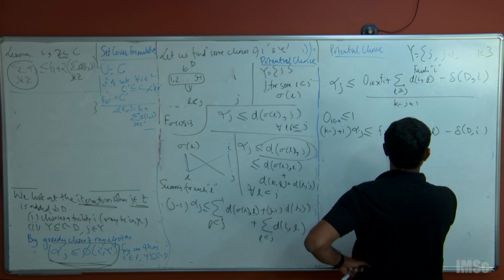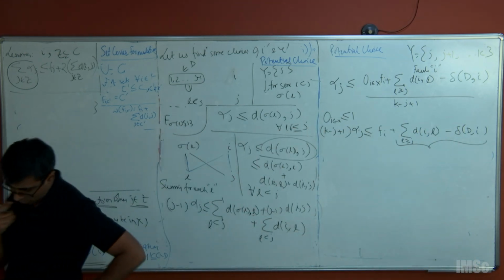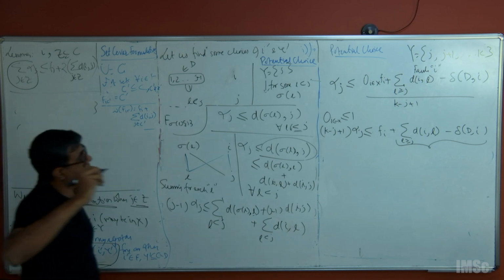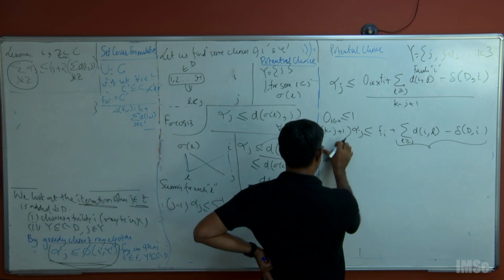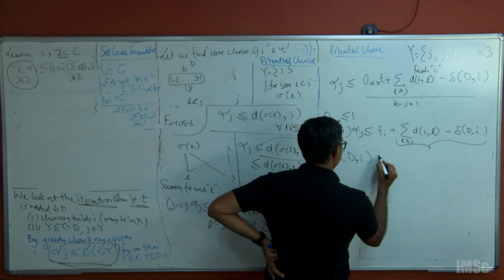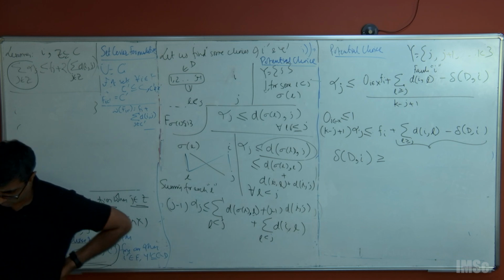Now let's try to understand this quantity a little bit. What can we come up with as a lower bound on delta d_i?